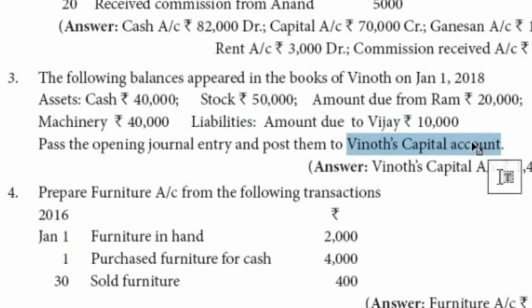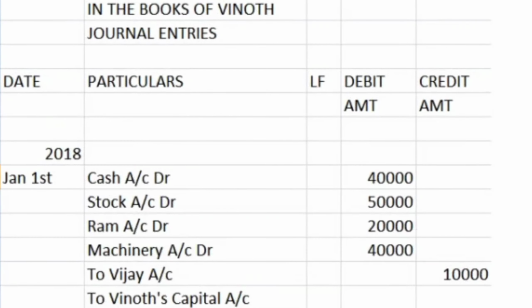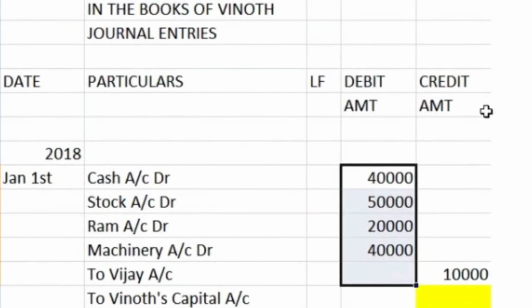So to Vinod's capital, which is the amount we have to find out from this journal entry. Now I have recorded to Vijay account, the liability, and I put the amount in the credit amount column as 10,000. I must find out this Vinod's capital account amount, which is also a credit concept.